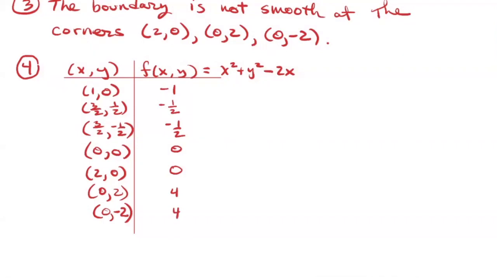So we have absolute maxes at these locations. It's a tie. You can have 2 locations that are absolute maxes. And then the absolute min is at 1, 0, right in the inside.